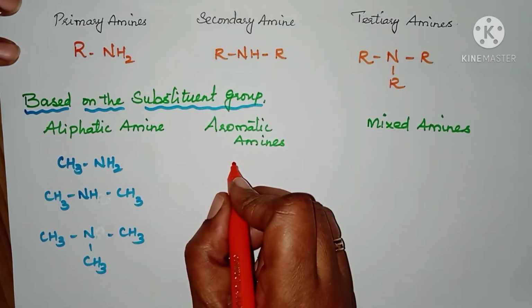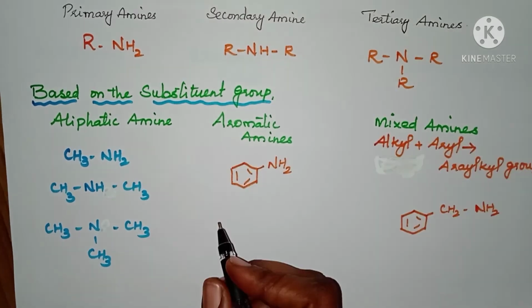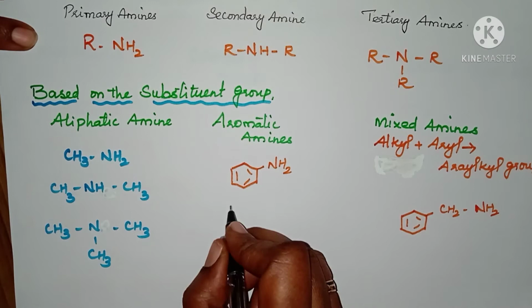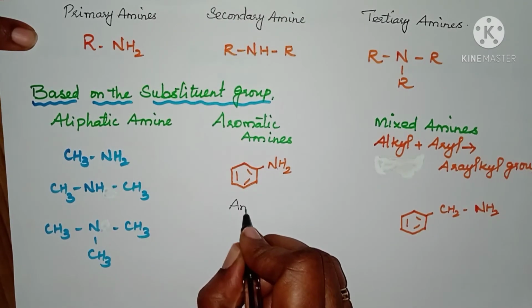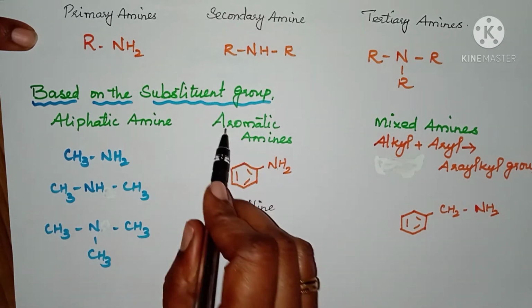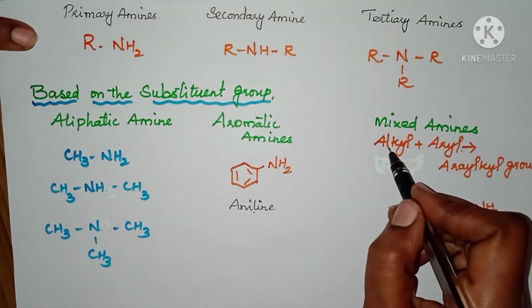Now aromatic amines we are going to check. Aromatic amine means this is called aniline, a benzene ring attached to NH2. It is called aniline. Now this is an aromatic amine. Now mixed amine means alkyl plus aryl.